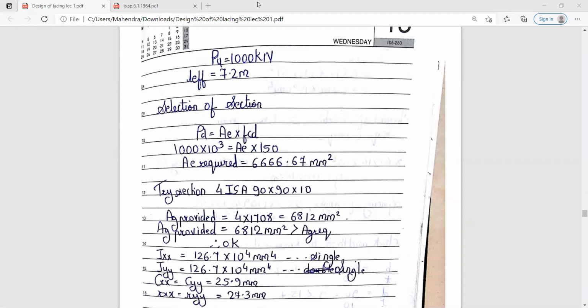Is done. Is completed up till here, everyone.